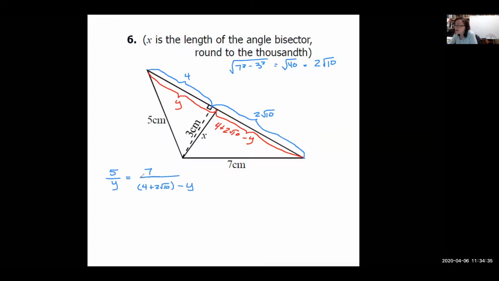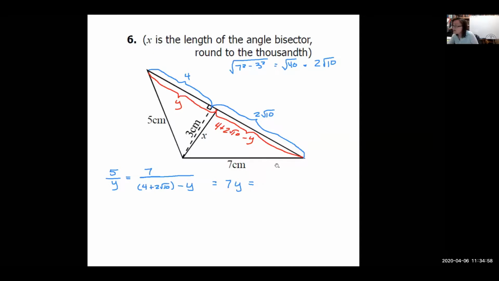It looks really long. I'm going to use a calculator eventually to figure out what that amount is. So what am I going to get? I'm going to get 7y is equal to 5 times, here I'm going to break out my 4 plus my 2 root 10, and I'm going to carry some decimals out since I don't want to have too much rounding.